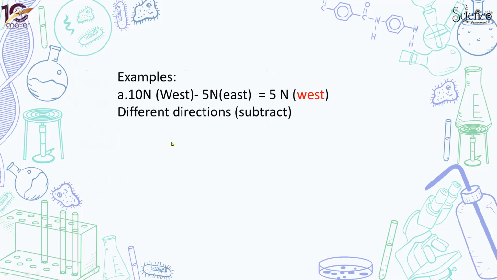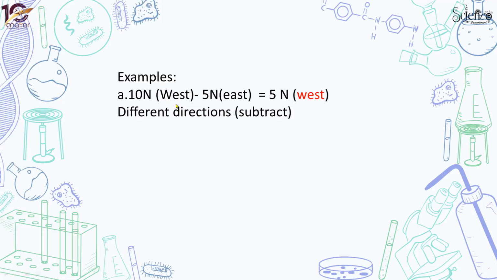So let's do the first example. If I have a force of 10 Newtons to the west acting on an object, and another force of 5 Newtons acting on the object to the east. If I want to find the net force, first of all, I have to pay attention to the direction.